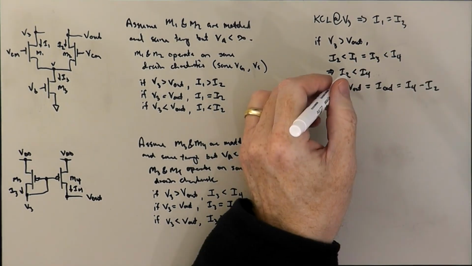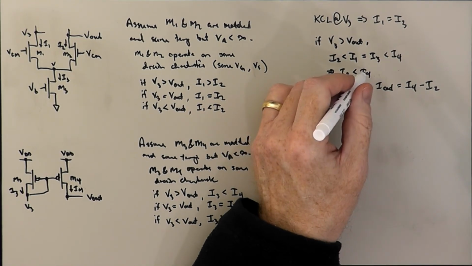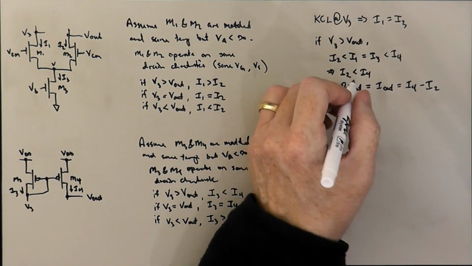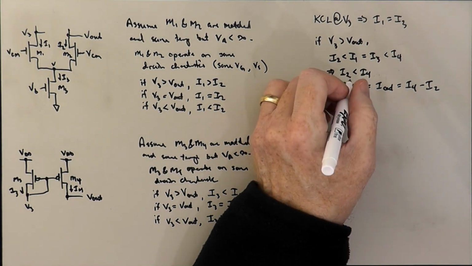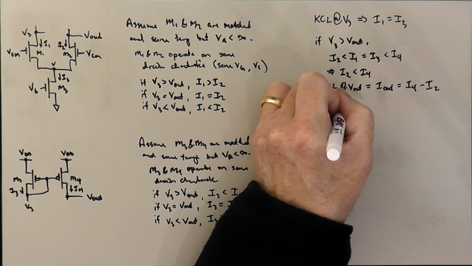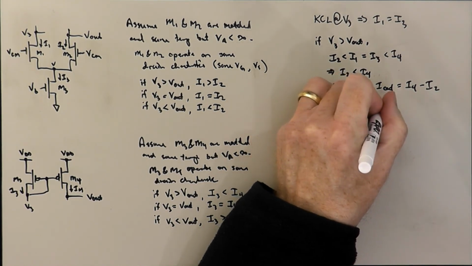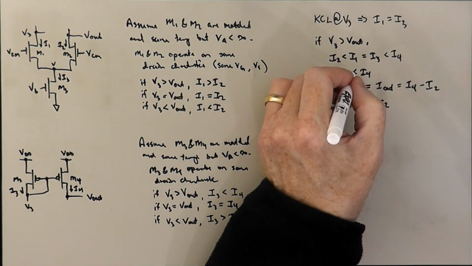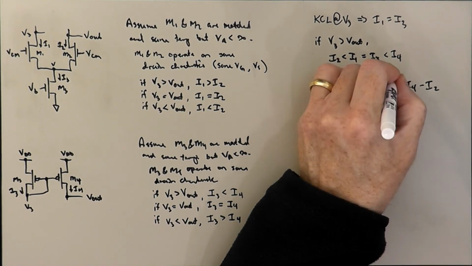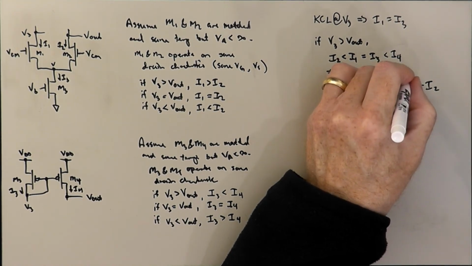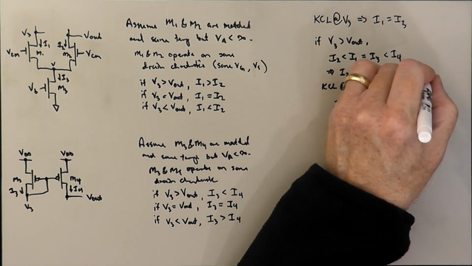And so we can subtract I2 from both sides of this inequality and find that I out, which is equal to I4 minus I2, is going to be greater than 0.